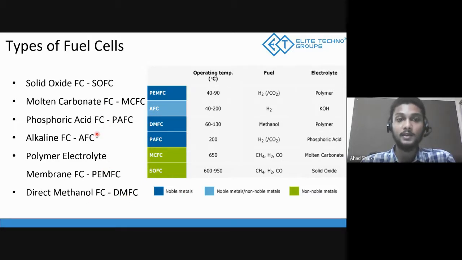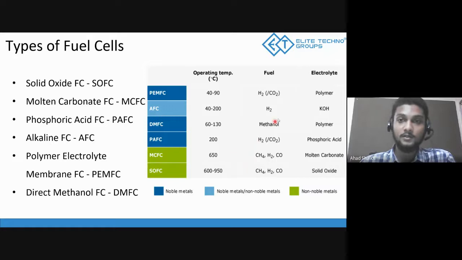Each of them has different properties, different operating temperatures, different input fuels, and different output voltages and current characteristics. So depending on what outcome they give and what conditions they operate in, we can use them for a specific suitable application.